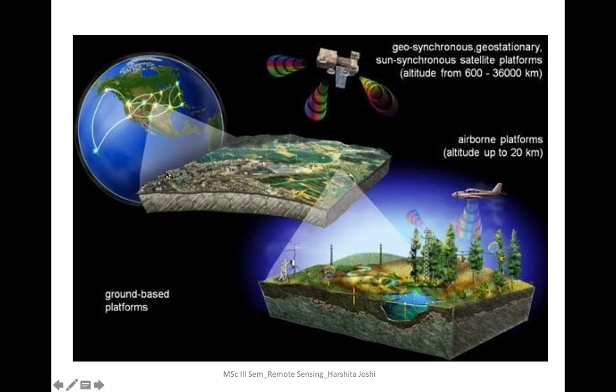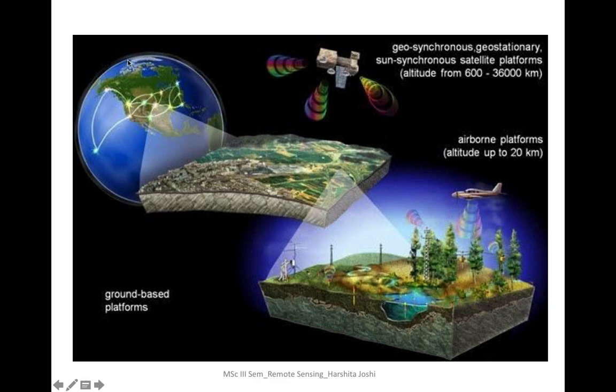While remote sensing the geological features of the earth's surface, we can sense various features in a small part like this. We can sense them using ground based platforms, air based platforms, or also the satellites, the space based platforms.